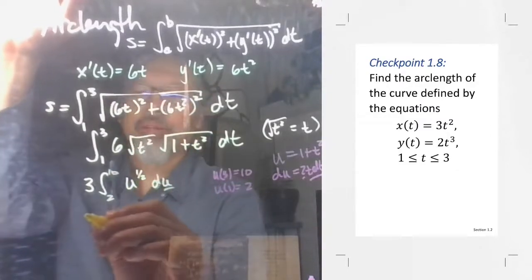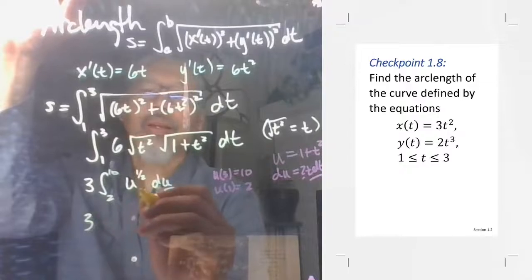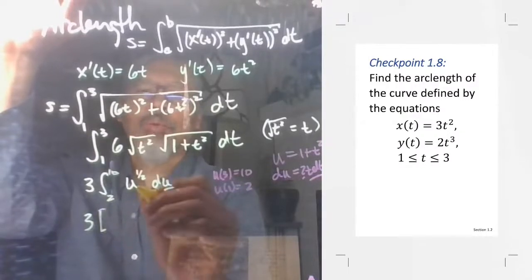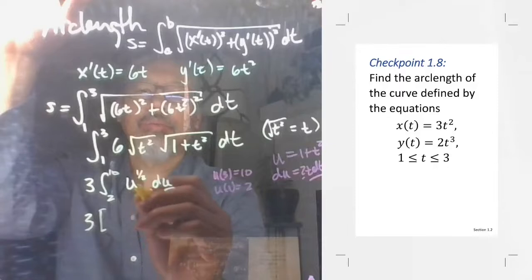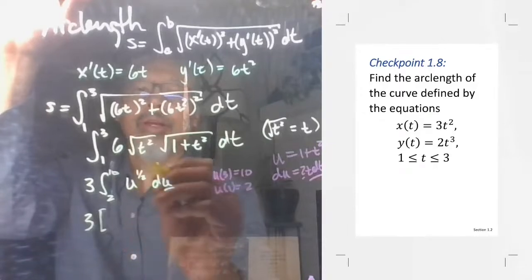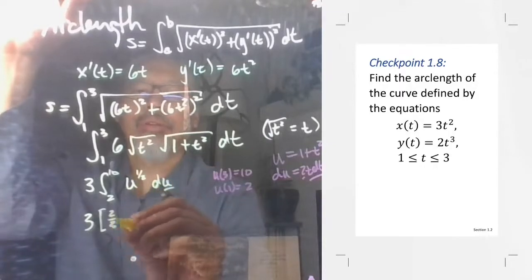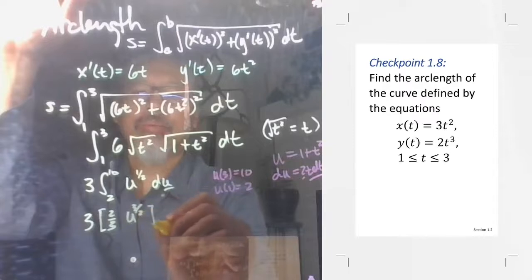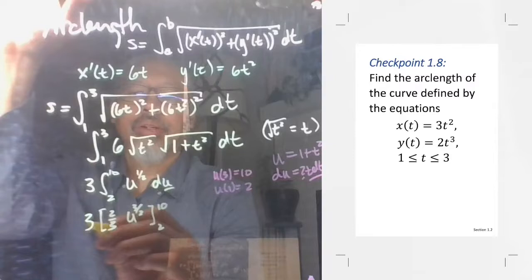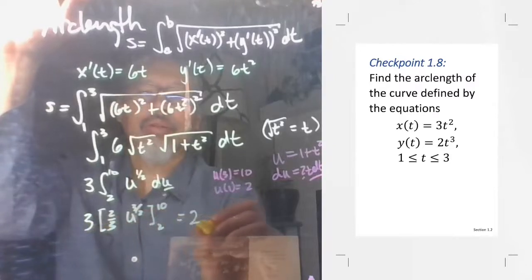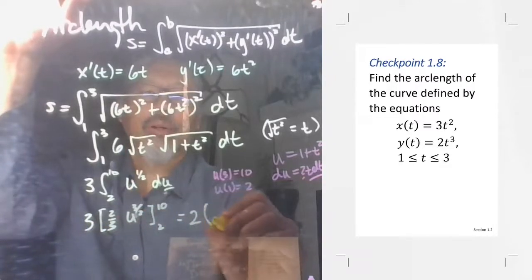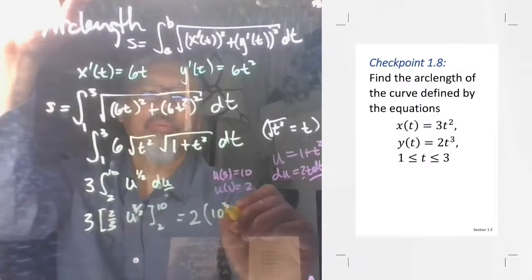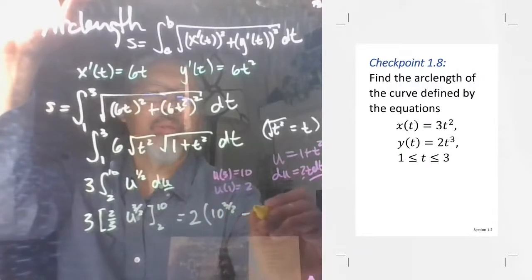All right, so we have a 3, and then we have 1/2, so that's going to be 3/2, so that's 2/3 in the numerator, and u to the 3/2 power. I'm going to evaluate from 2 to 10. The 3's would cancel. We're just going to have a 2, and then we're going to put 10 in, and we're going to put 2 in.